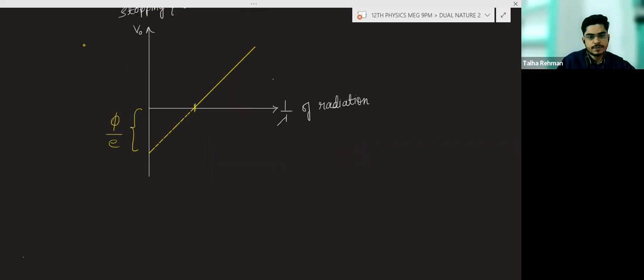And this value will be 1 by lambda naught, where lambda naught is the threshold wavelength.